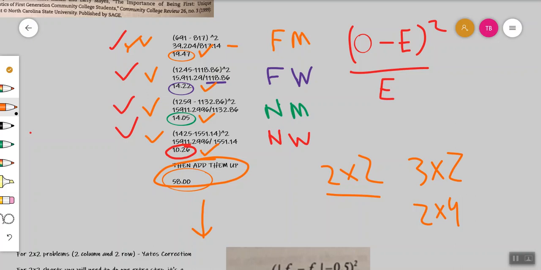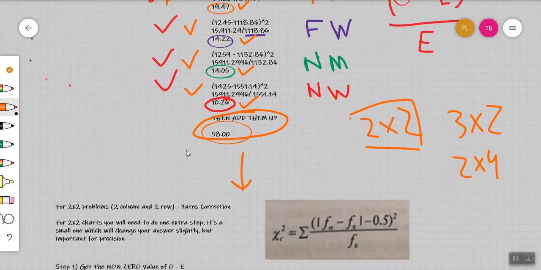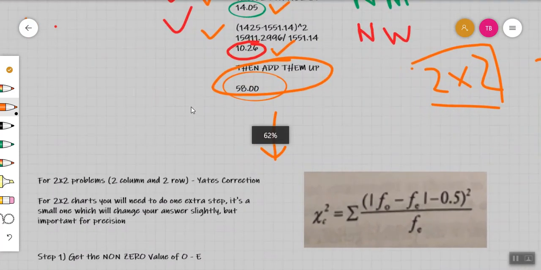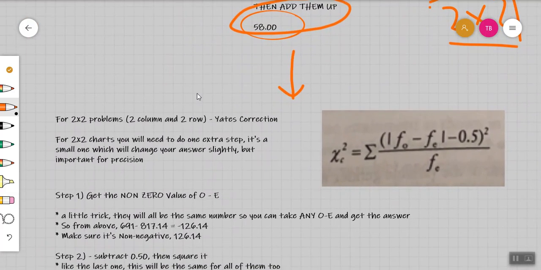The reason I point this out is because on your homework, at least one of them is not going to be a 2 by 2, so you wouldn't have to do this next step. But just for this example, it's a special case. You have to do one more step before you can look it up on a chi-square chart.